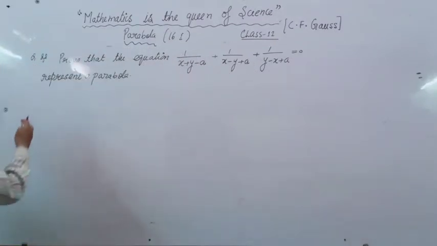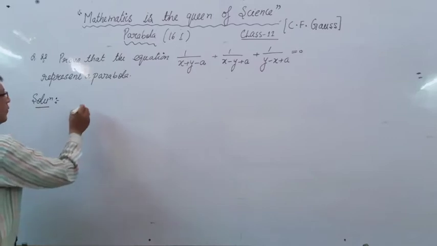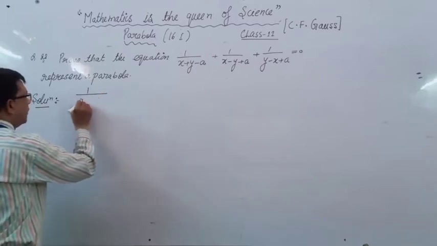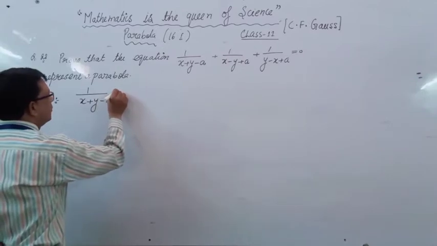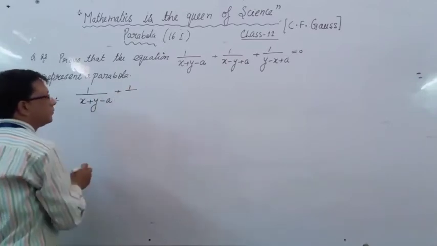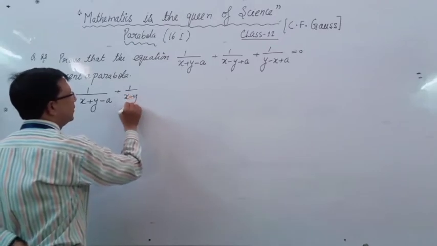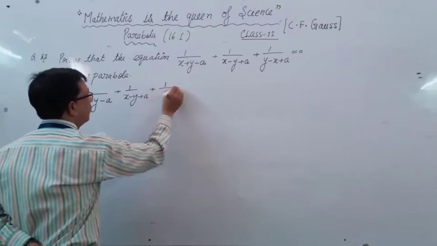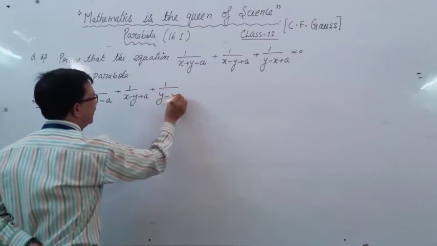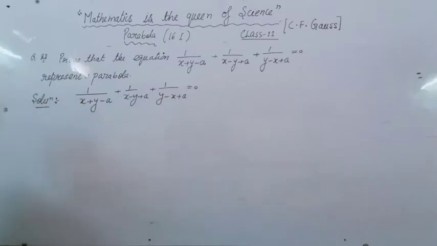We write the given equation: 1 upon x plus y minus a, plus 1 upon x minus y plus a, plus 1 upon y minus x plus a is equal to 0, represents the parabola.